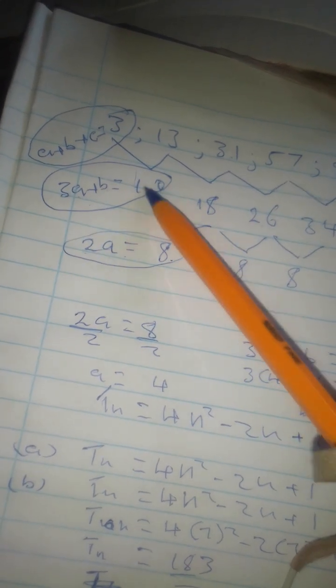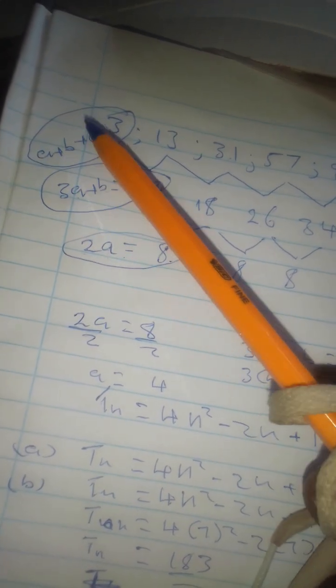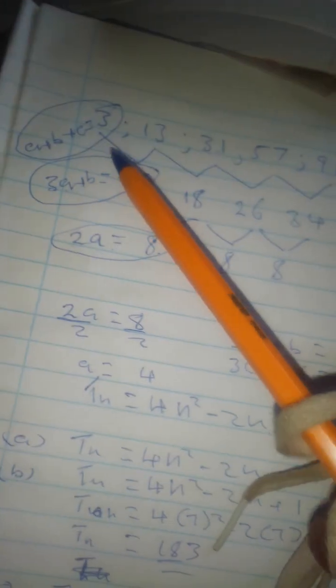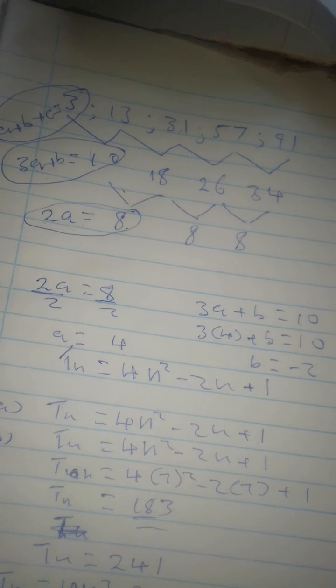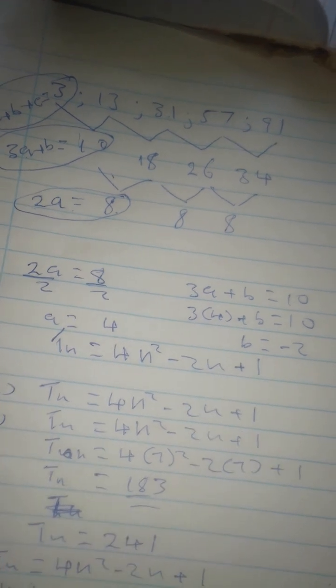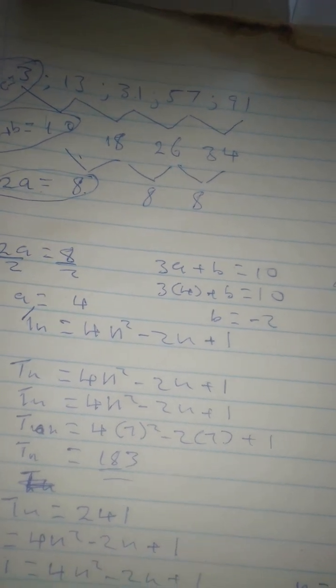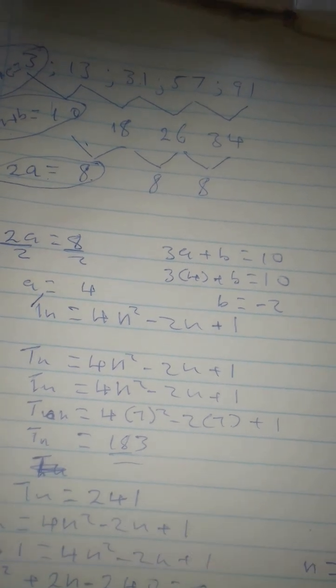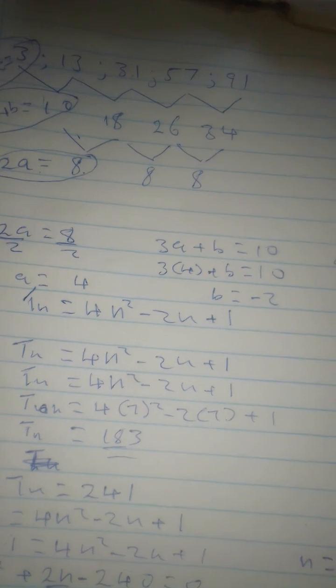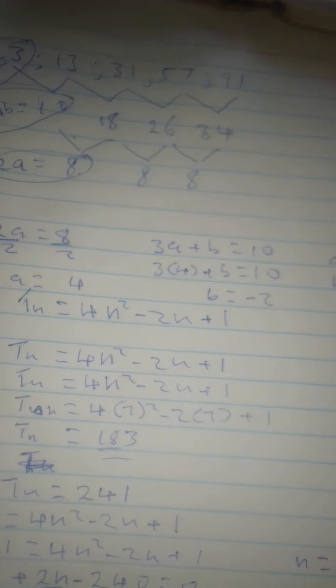Then you always check the first term, and here a plus b plus c is equal to the first term. If you do that, you're going to get all the marks. You can also get a distinction if you do more study, because they always say practice makes perfect.